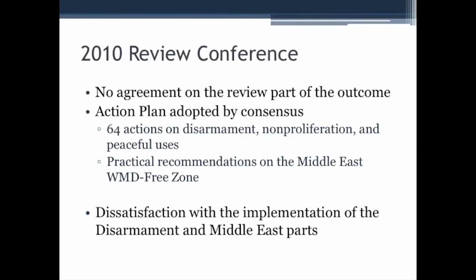In 2010, states parties were successful in adopting a 64-item action plan on nuclear disarmament, non-proliferation, and peaceful uses, as well as a set of recommendations for the implementation of the 1995 resolution on the Middle East. So these decisions of these 3 conferences form something that diplomats like calling the NPT acquis. Their implementation is reviewed along with the implementation of the treaty itself in the subsequent review conferences.